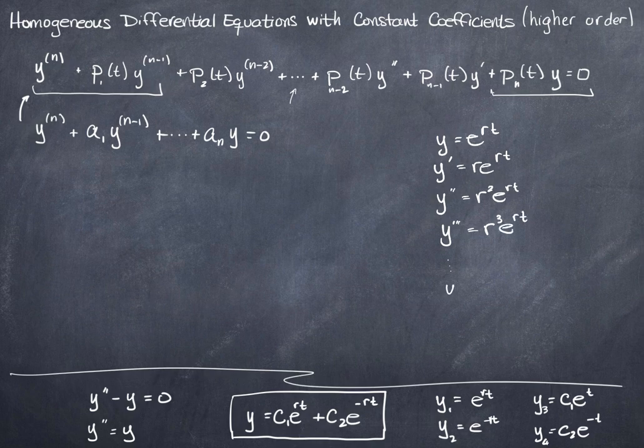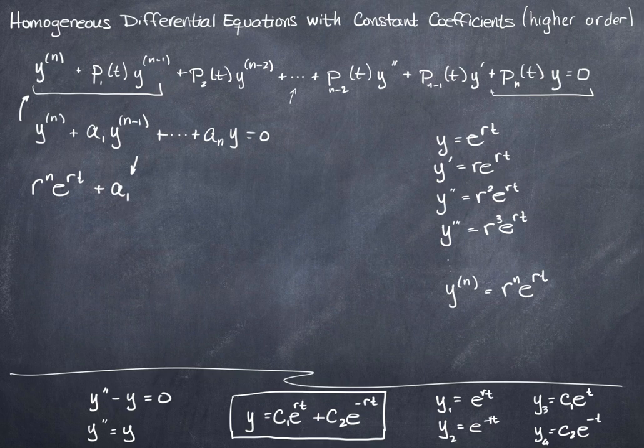So it appears that our nth derivative is going to be r to the power of n e to the rt. So now I can write this as the nth derivative of y, which is r to the nth power e to the rt, plus some constant times the n minus 1th derivative. Well, the derivative I take seems to match the exponent, right?